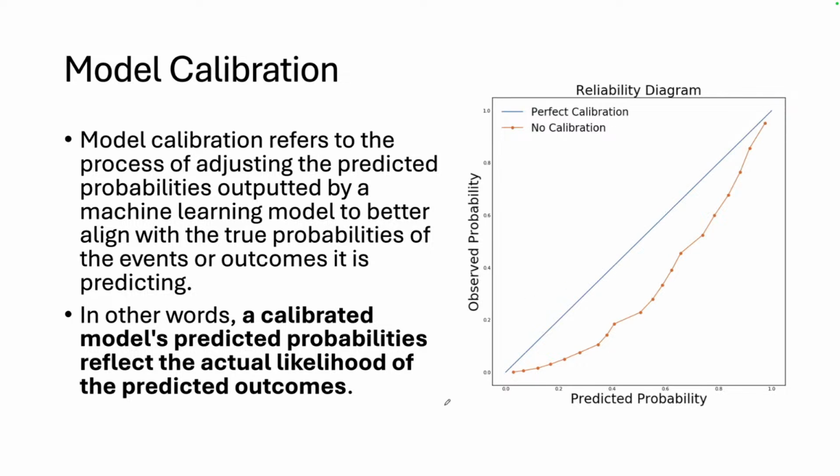So you want to move that distribution so it aligns with the blue line, so that 20% of the time we're predicting this likelihood will occur at 0.2. 40% of the time we're predicting this likelihood will occur. 90% of the time we're predicting this likelihood at 0.9. We're predicting 9 out of 10 of the records that this likelihood will occur. That's obviously not how this model is working now.